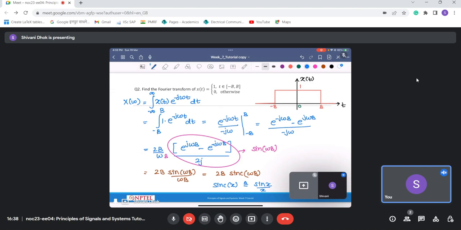So this is the Fourier transform of this rectangular pulse, which is non-zero from minus b to b, and takes 0 from minus infinity to minus b and b to infinity. This is an important function to analyze, because basically this is how your low pass filter looks.